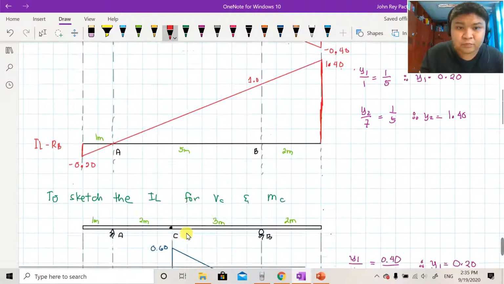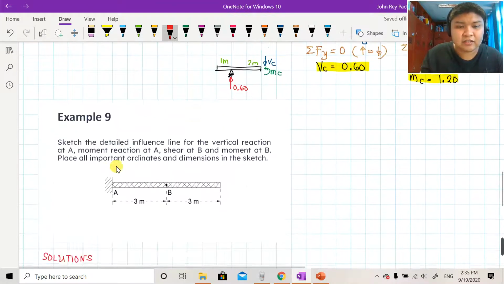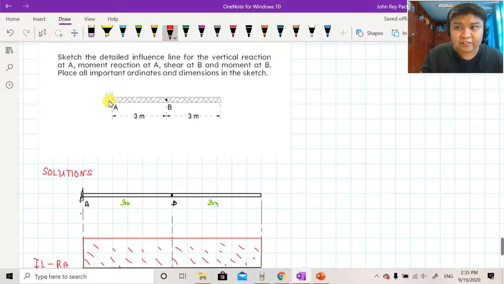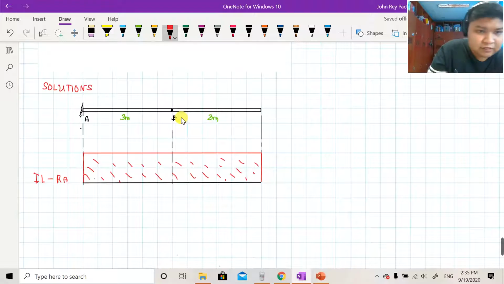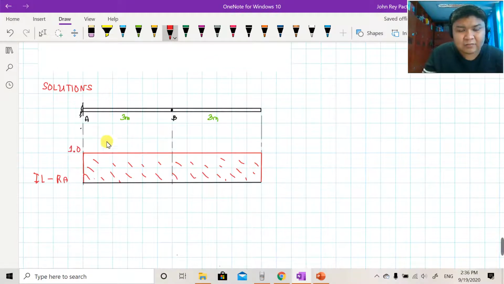Okay? So in this case, since our support, although it is fixed, the point is that it is a support. It doesn't matter what type of support it is. But this time, this is fixed. So therefore, I will put 1 here. And it so happens, class, that it is a rectangle. So that means, all throughout the span, it is 1. Right?